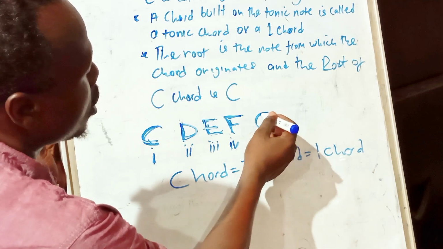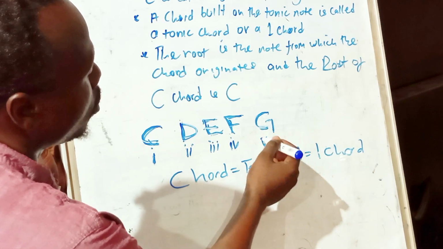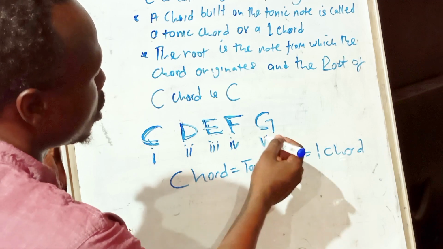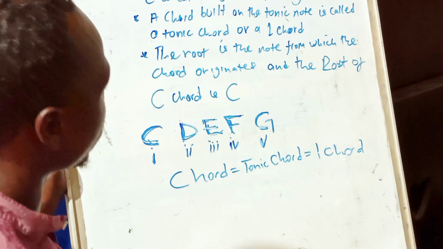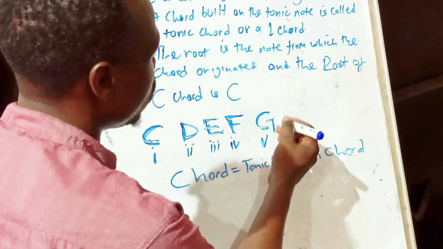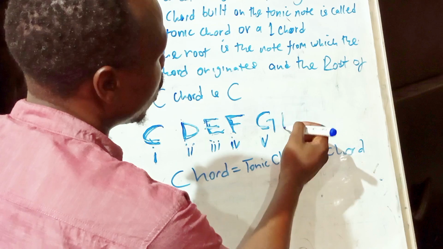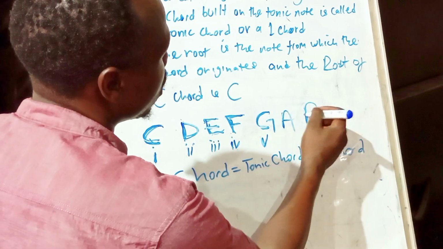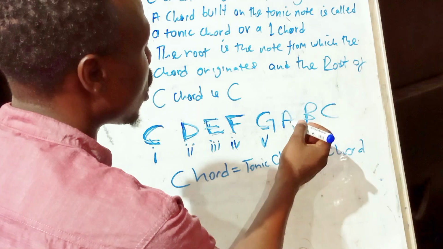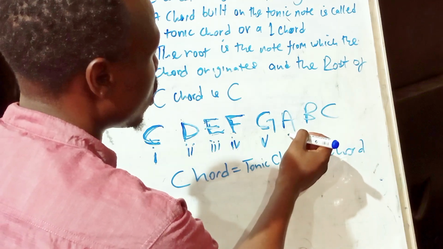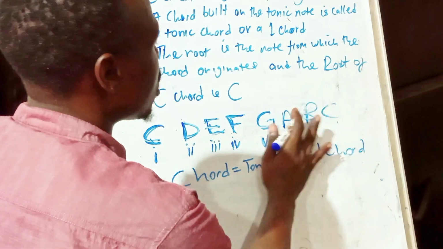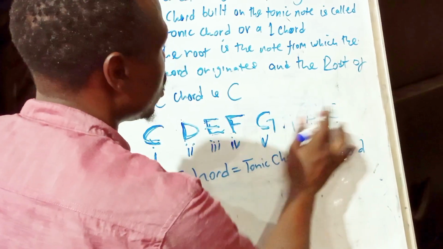Then the fifth place will be G, Roman numeral 5, which is written as V. If we were to continue, we'd go to G, then A, then B, then C. So A will be our 6, then 7, then 8. But let's leave that for now. We are stopping at G.